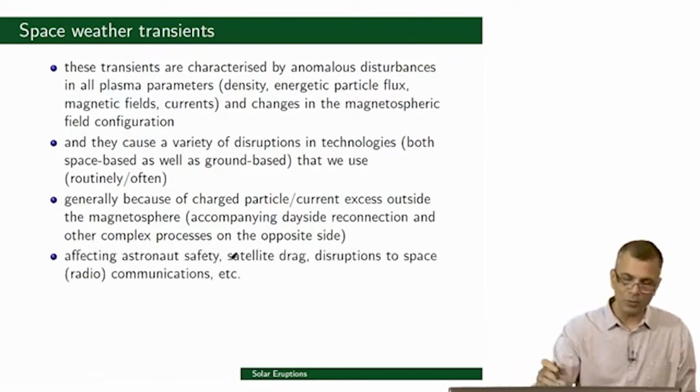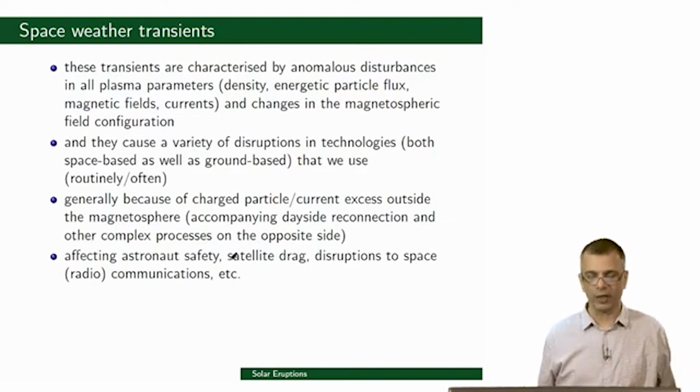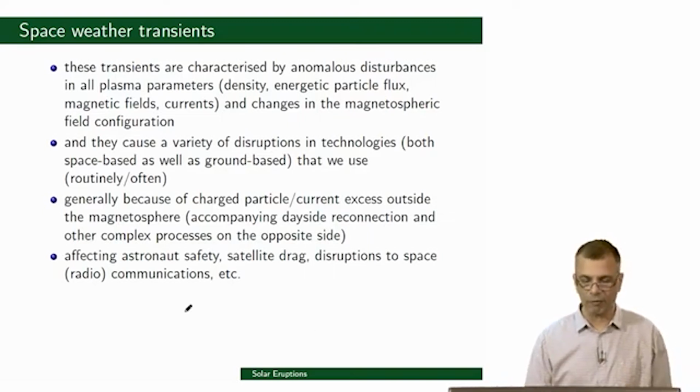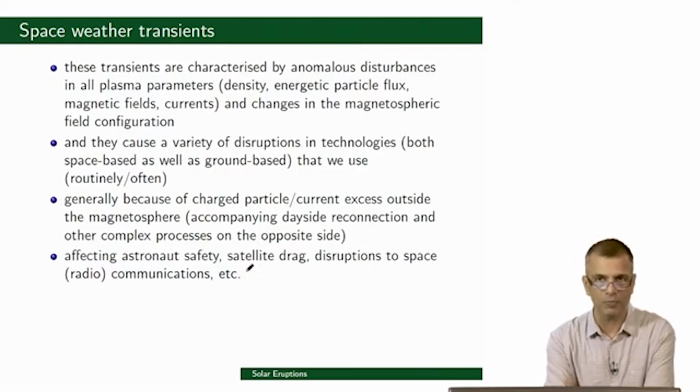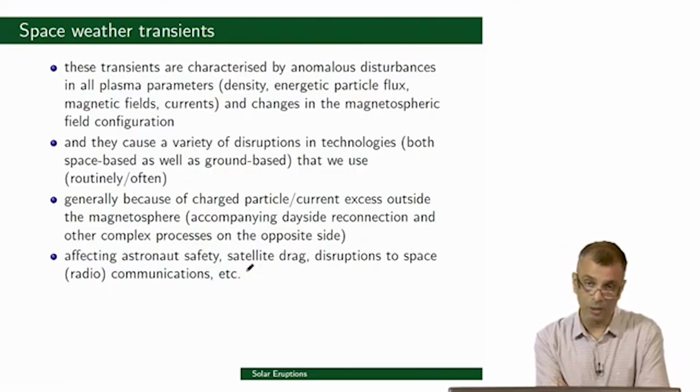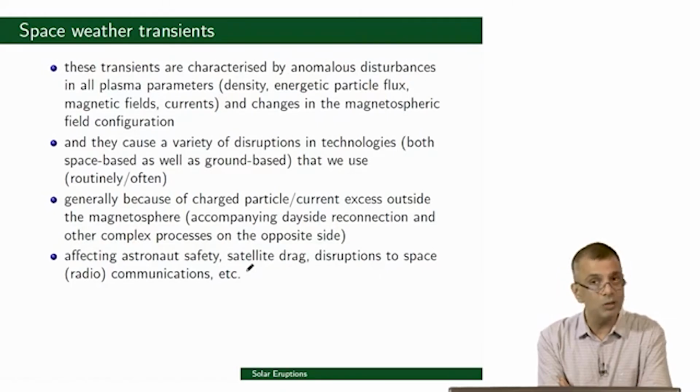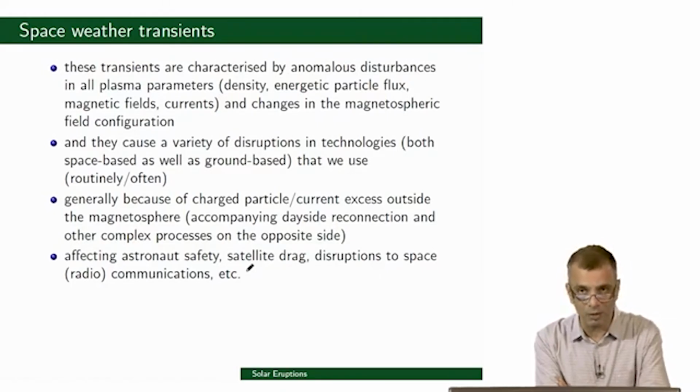These space weather transients have a variety of effects. They affect astronaut safety. For instance, if you were conducting a human space flight, or a spacewalk on the International Space Station, and you needed to send an astronaut out to repair something, you need to be very conscious about their safety.